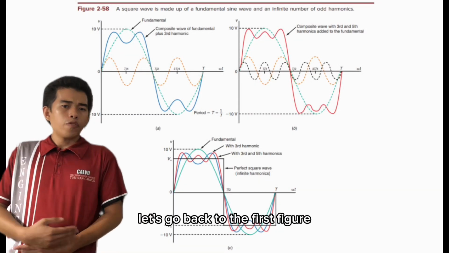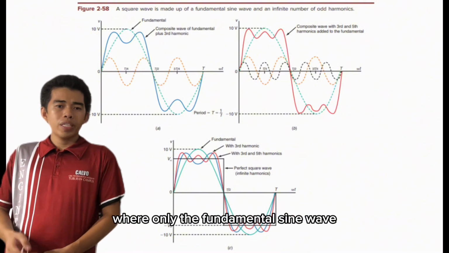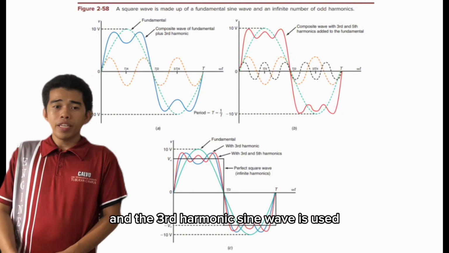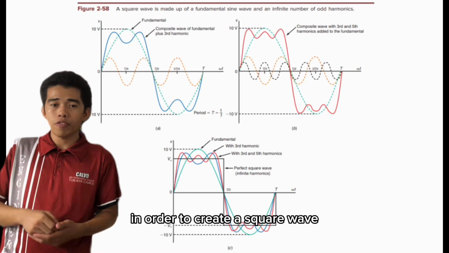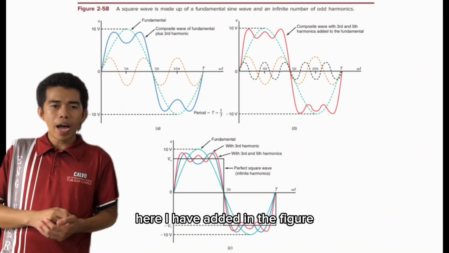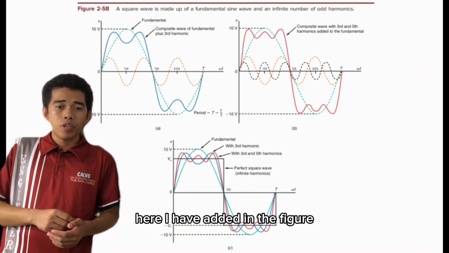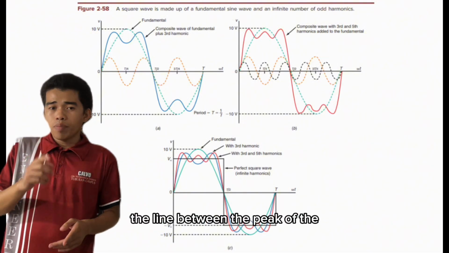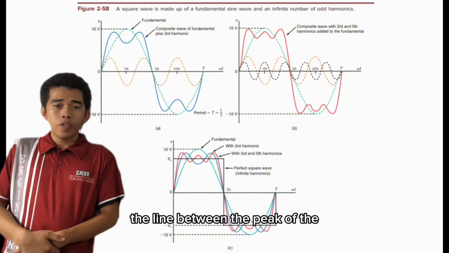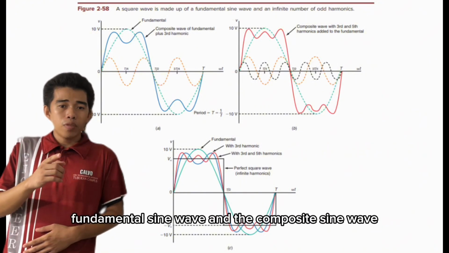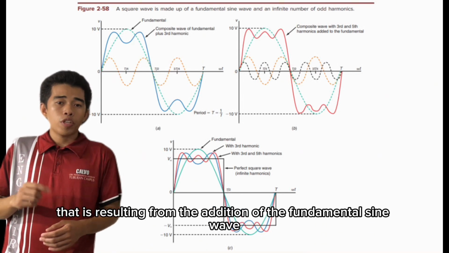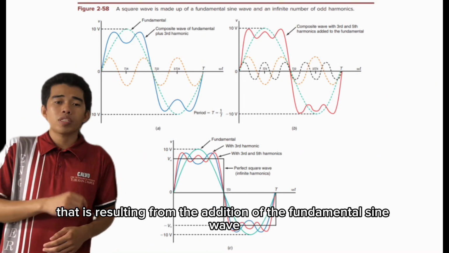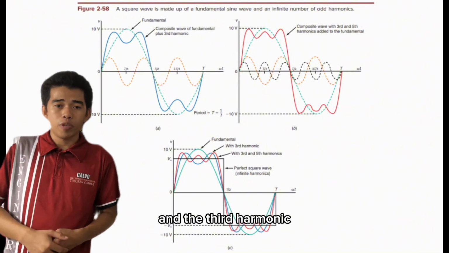Let's go back to the first figure, where only the fundamental sine wave and the third harmonic of the sine wave are used in order to create a square wave. Here, I have added in the figure the line between the peak of the fundamental sine wave and the composite sine wave that results from the addition of the fundamental sine wave and the third harmonic.